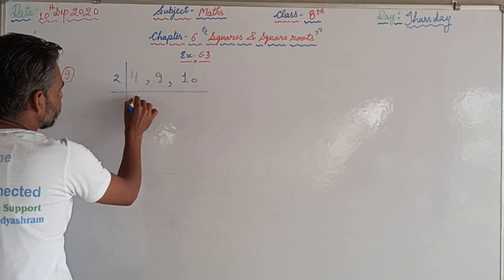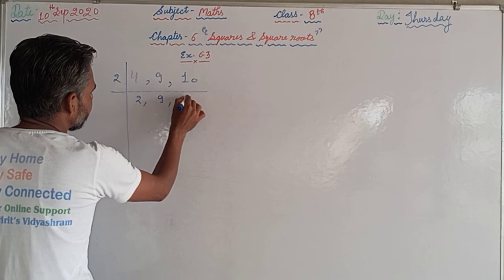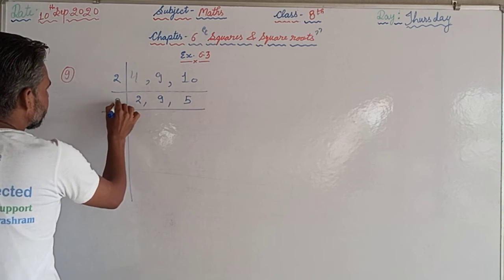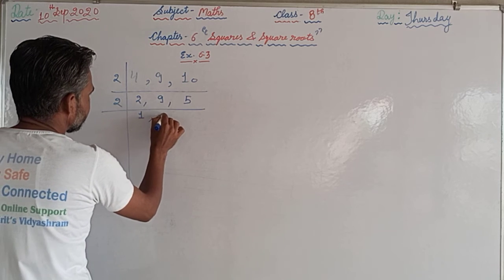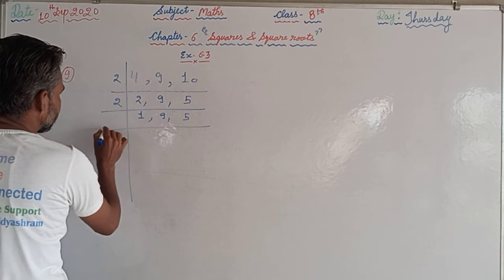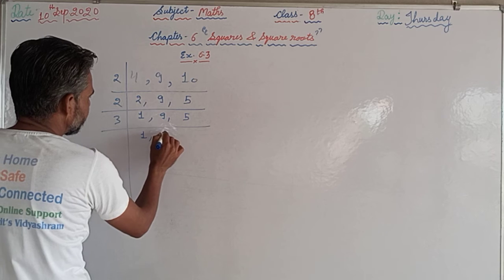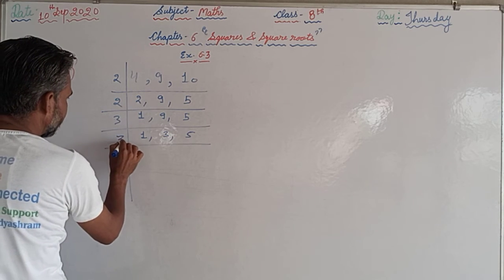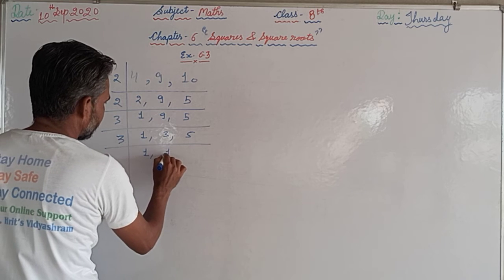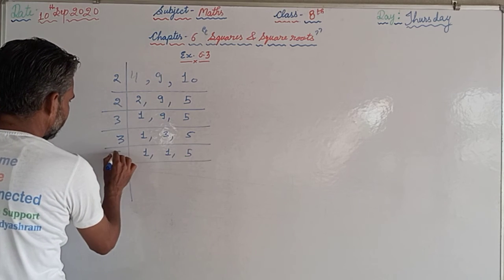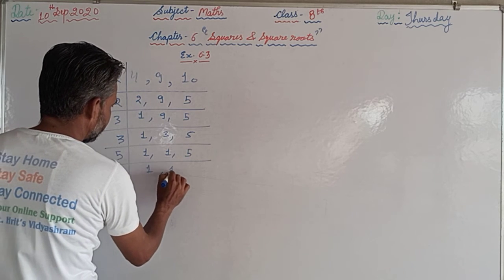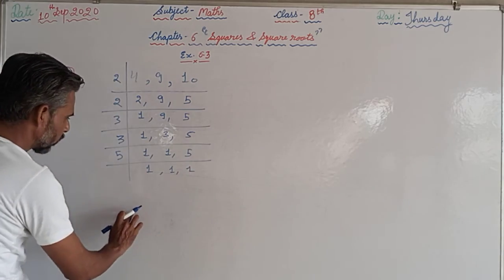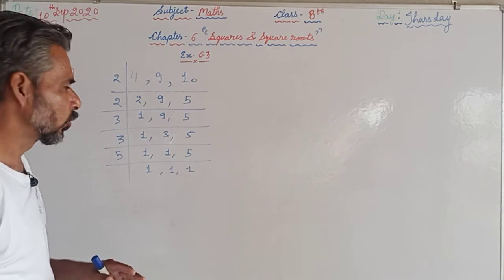Dividing by 2, then 3, then 3, and then 5. As you all know, we have done how to find the LCM.